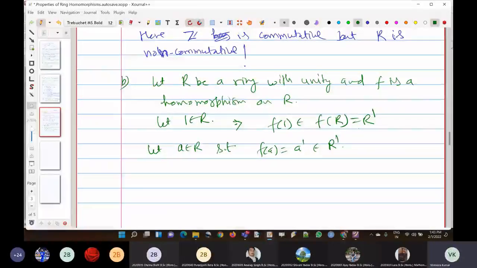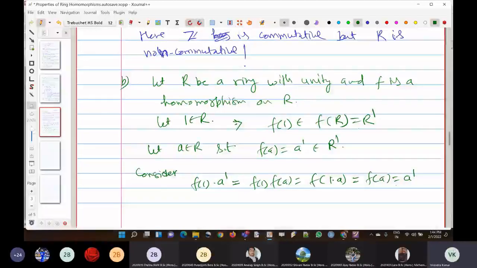Now consider f of 1 times a dash. These are elements of R dash. We can write it as f of 1 times f of a, which is f of 1 into a, and that is f of a, which equals a dash.